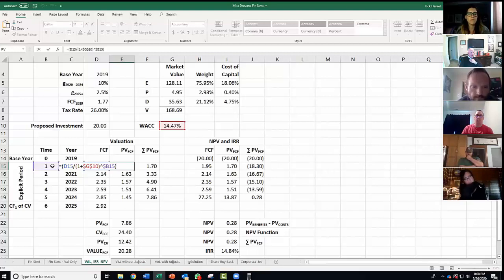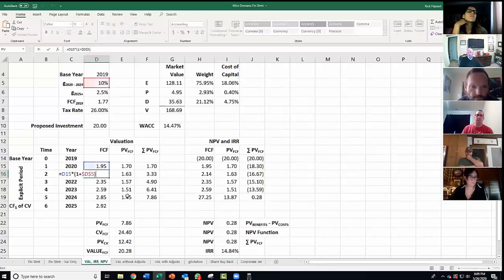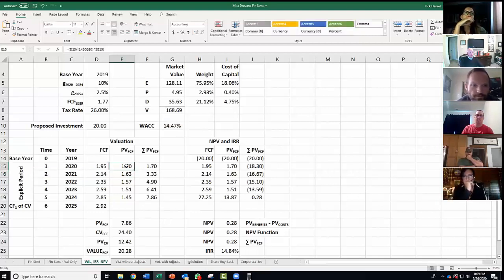PV equals CF_t divided by (1 + r)^t. CF1 divided by (1 + WACC) to the power of 1, or CF2 divided by (1 + WACC) to the second power. Each one of these cells is simply the present value of this cell.